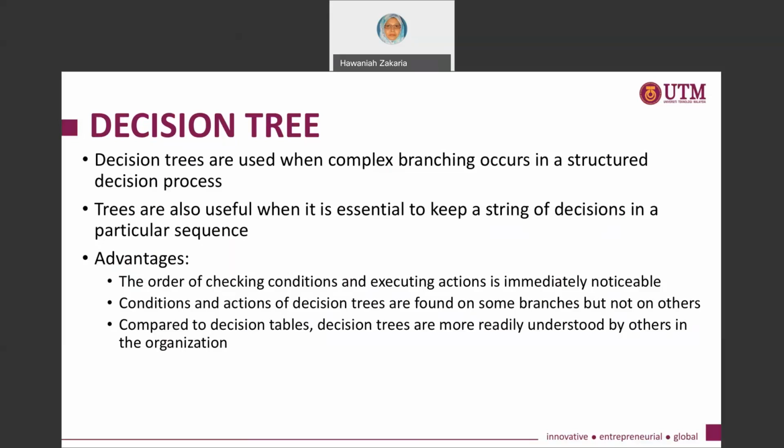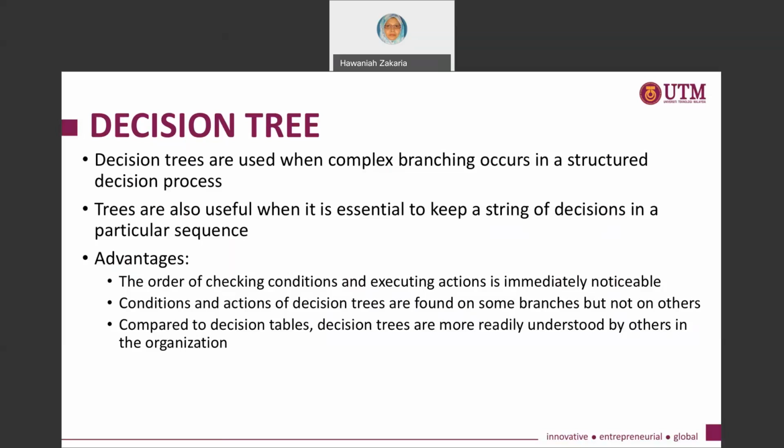The flow of the conditions is considered complex, which can be written using structured English by including the if else structure. But if we can represent it using a visual, using a diagram, it would be easier to understand the logic of the decision.